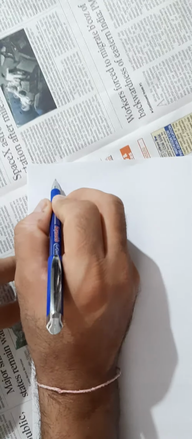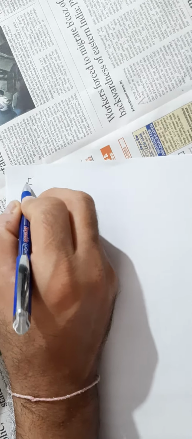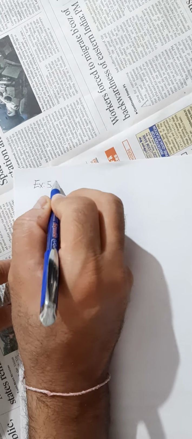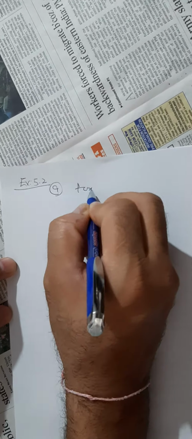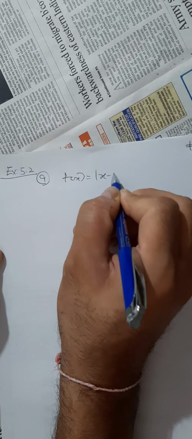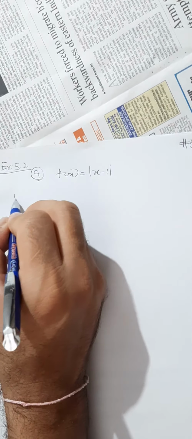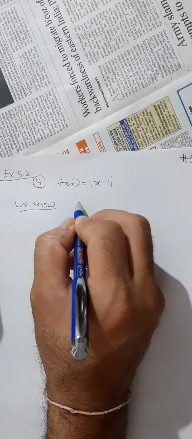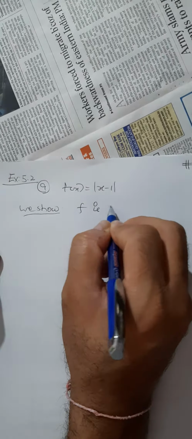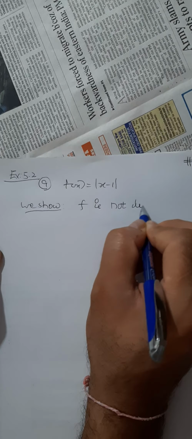So with this concept, there is a question in exercise 5.2, question number 9 here. f(x) equals modulus x minus 1, and we show that f is not differentiable at 1.